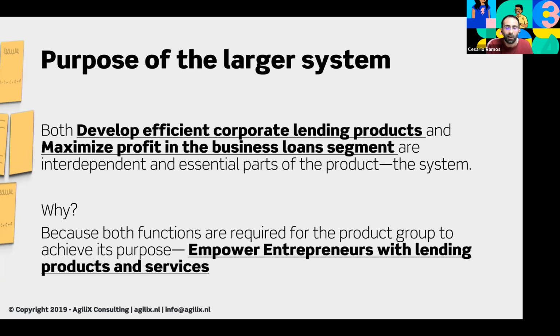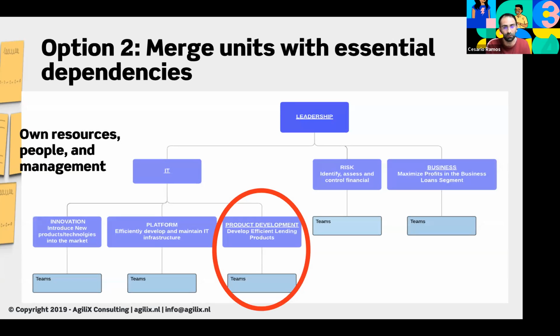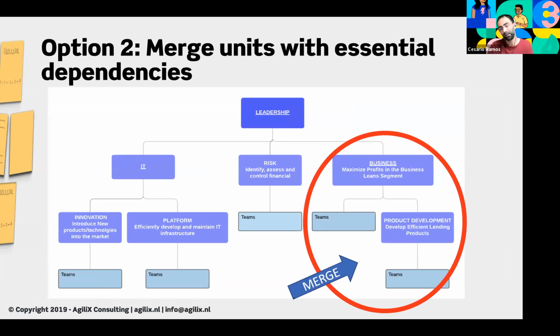So instead of separating them more, we must move in the opposite direction, meaning we have to merge them. We have to make one unit which is responsible for both efficiently developing and maximizing profit, because both are essential. You can only achieve success if you take both into account.